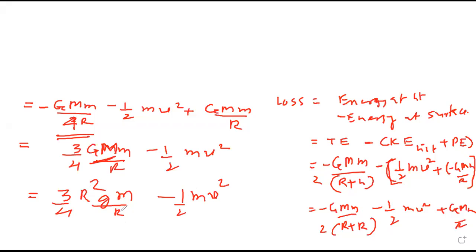Yes, sir. So one r cancels. So 3 by 4 into r, which is given as how much? 6.4 into 10 raised to 6. And g is given as 10.